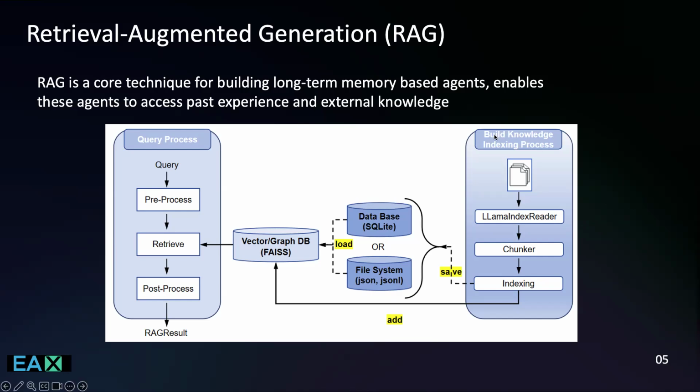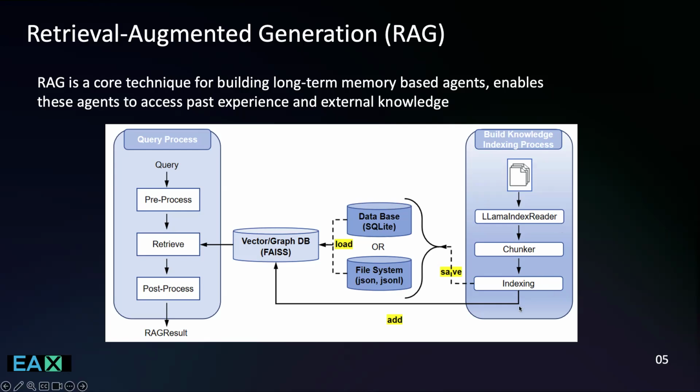So here we have a knowledge indexing process. For raw documents, we use the LlamaIndex reader to process this kind of input, and then use some chunker to chunk these documents. After we have the text chunks, we use some indexing techniques to build the index for this kind of input documents. Typically, the indexing here involves some embedding models, such as OpenAI's embedding models or some transformer embedding models.